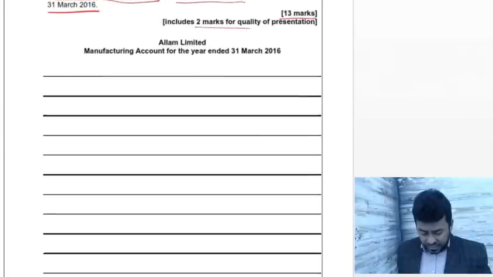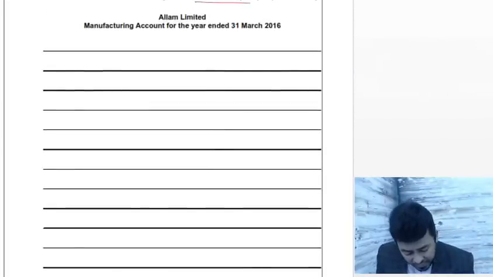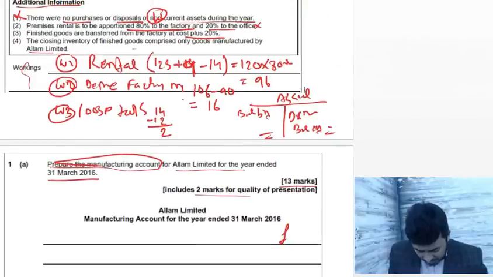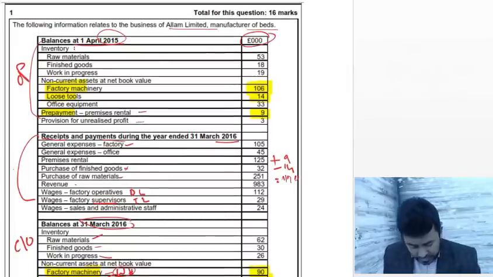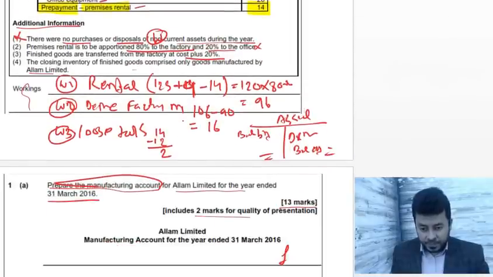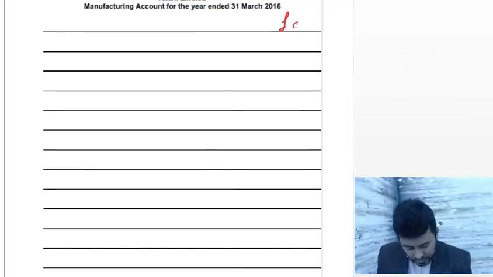All right, if you remember the pro forma. Okay, I normally prefer 1 column. Just double confirming, is it all in thousands? Yeah, these are all in thousands. So make sure you do write those in thousands.